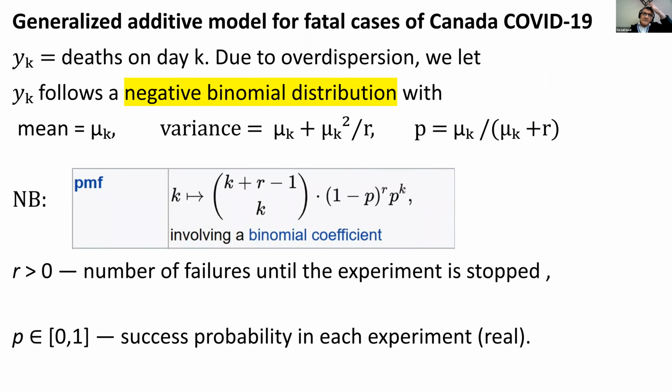For the binomial distribution PMF, with parameter p equal to mu_k divided by mu_k plus r, we can write it in this form. And r is the number of failures until the experiment is stopped, which is like a counting number, but it can also be real. And p, between 0 and 1, is the success probability in the experiment, which is a real number.